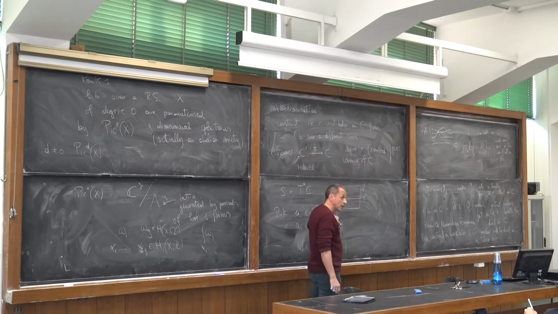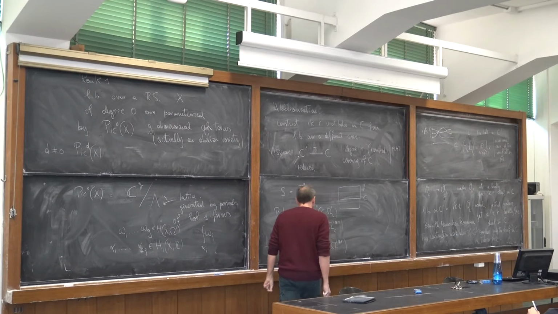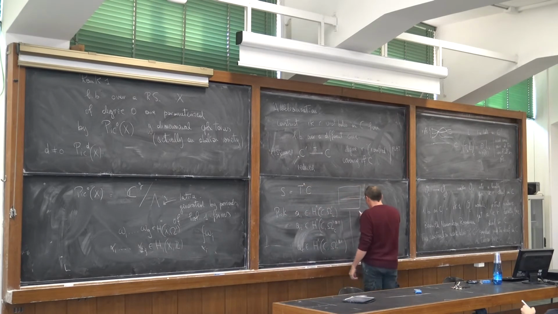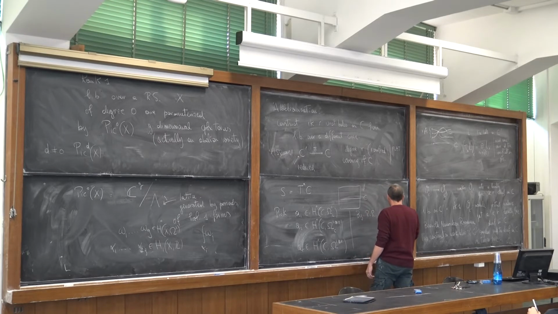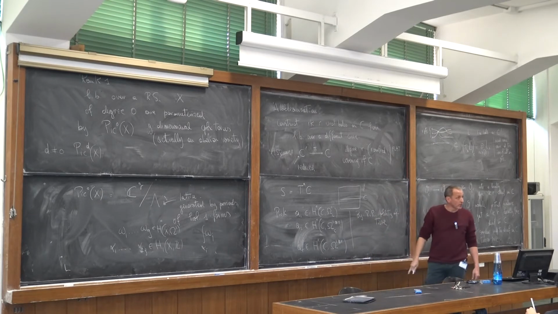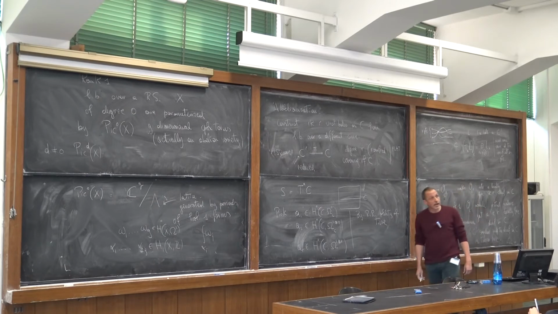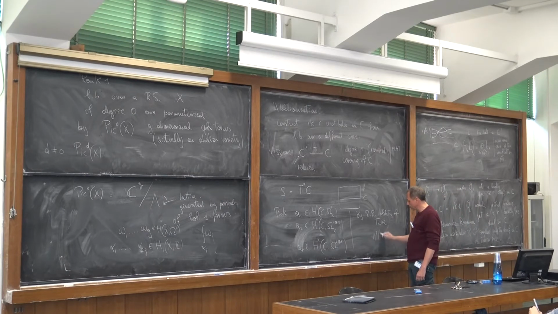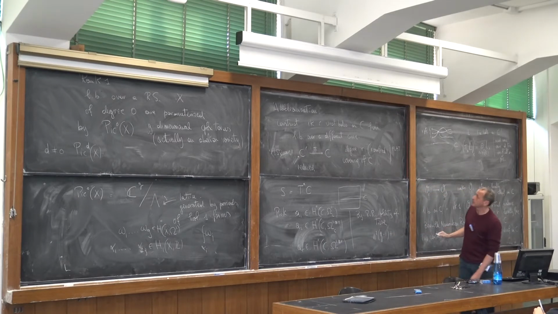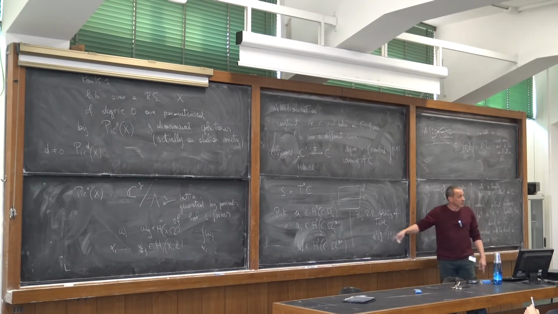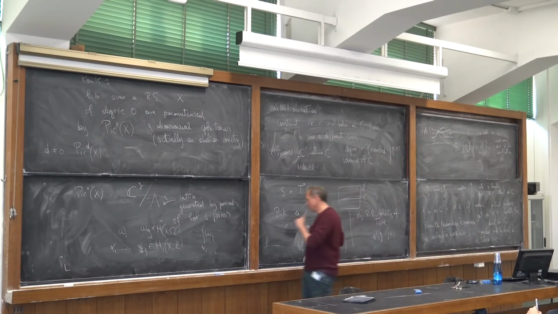So these are all line bundles. Omega 1 has rank 1, so tensor powers still have rank 1. By Riemann-Roch, there are plenty of these. If you count by Riemann-Roch, they form a vector space of dimension n squared (g minus 1) plus 1, which is precisely the dimension of the moduli space of vector bundles.